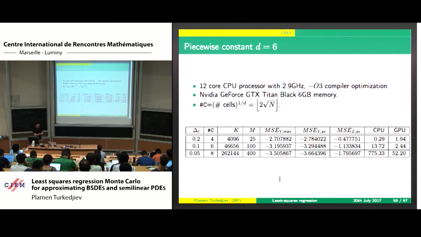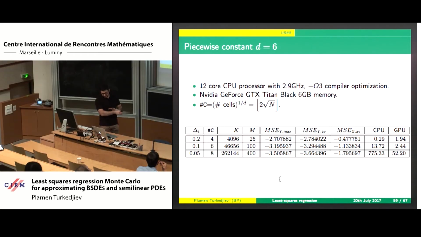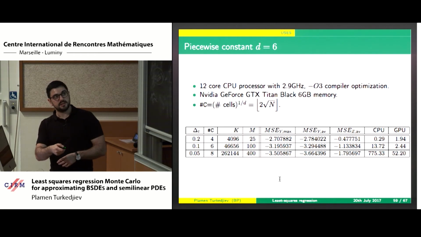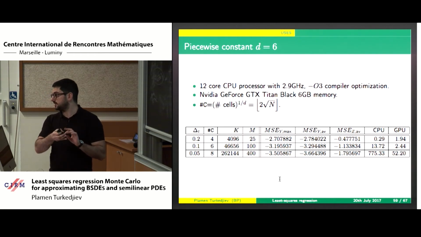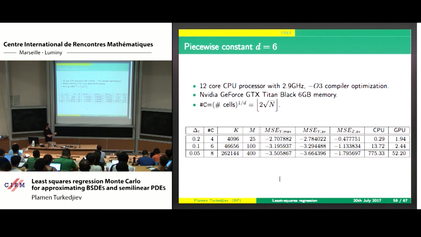So we actually implemented this algorithm. We implemented this in our least squares regression algorithms and did it in parallel. We solved the BSDE in each of the cells of the space discretization in parallel, on the one hand over a multi-core CPU, on the other hand over a GPU type processor.